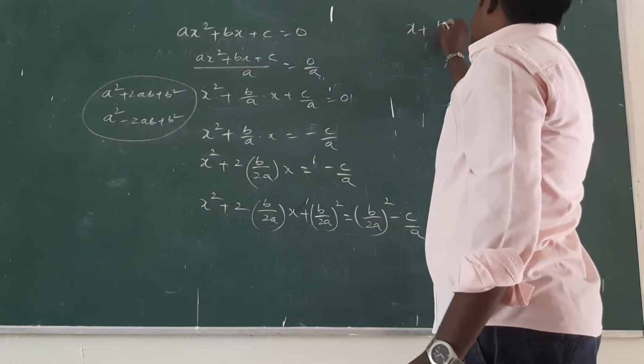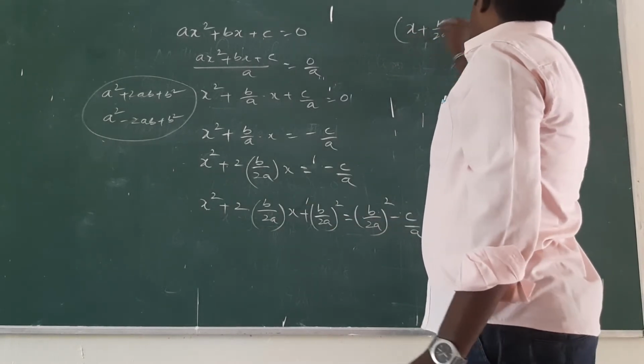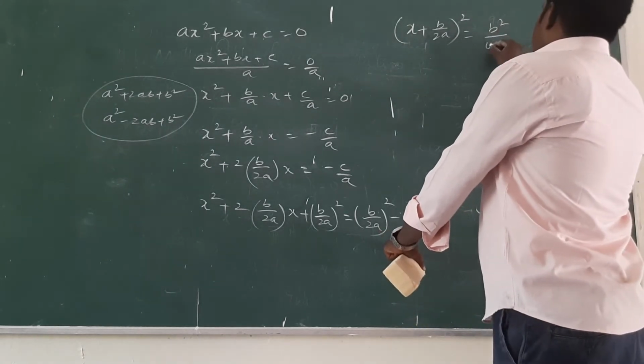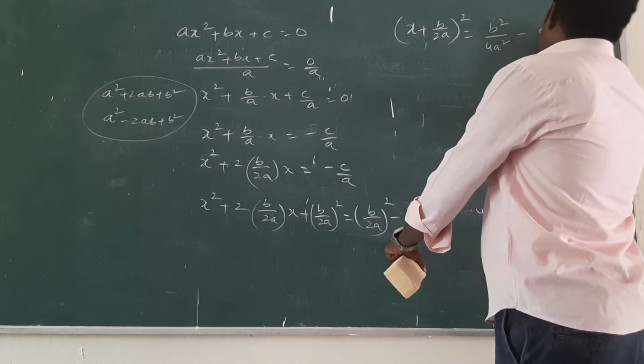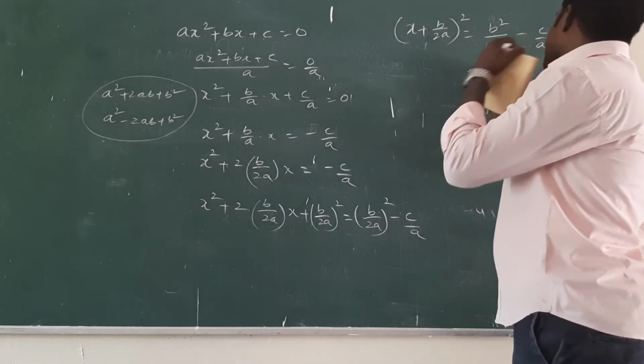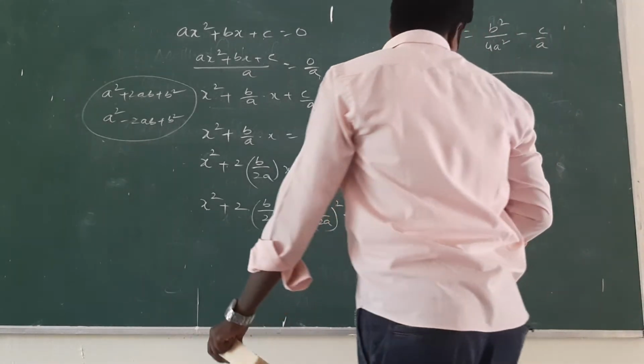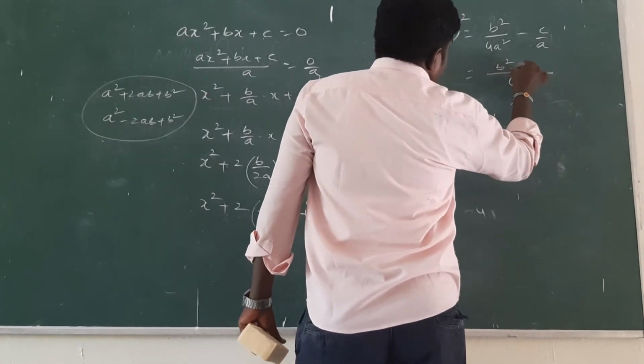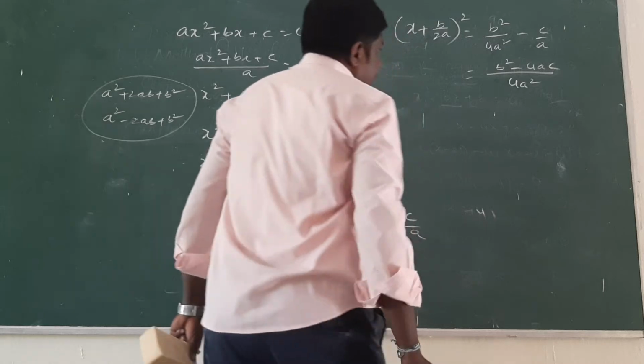That means x plus b by 2a whole square is equal to, expand this one, b square by 4a square minus c by a. Now take LCM here on the RHS. LCM 4a square will come here, b square minus 4ac.